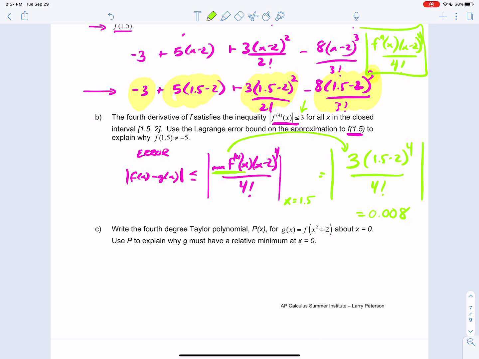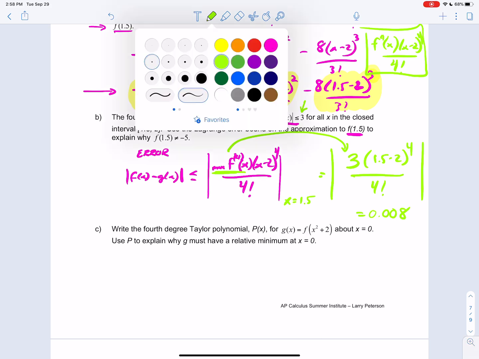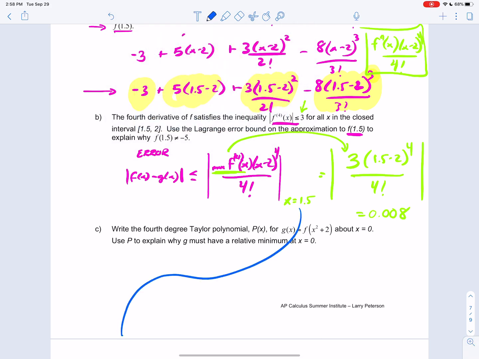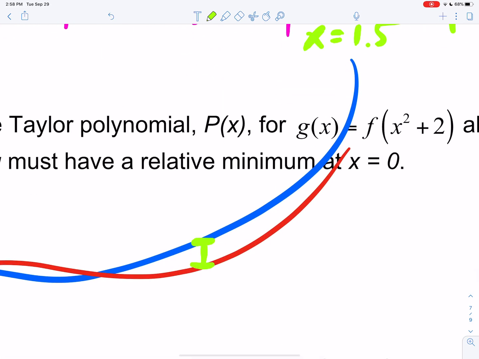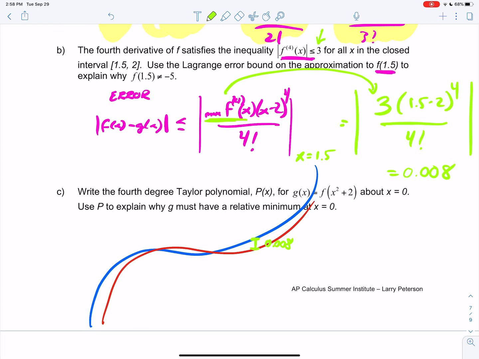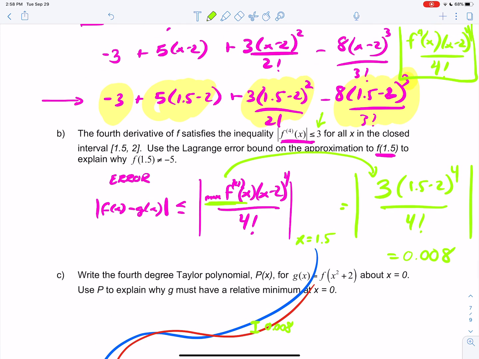Here's what this is saying, you guys. If you had a graph and then you had the polynomial lookalike and you're saying that the error is at most 0.008, okay?